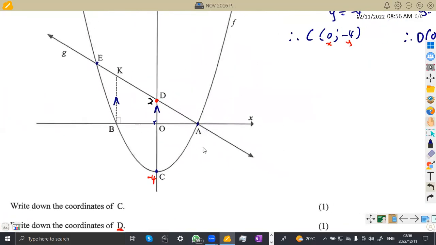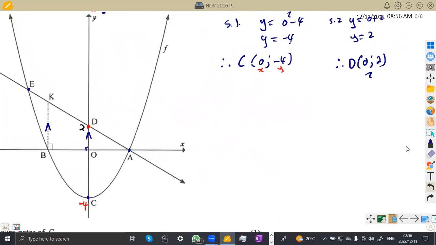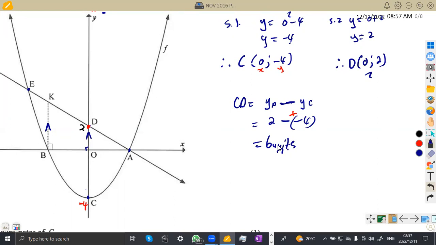So all you need is to just subtract, or you can use the distance formula, but here we can simplify CD by subtracting the y values, which is the y value at D minus, if you are going down, the y value at C. So that's the y value at D, which is 2, minus the y value at C, which is negative 4. So this is going to be 2 plus 4, which is 6. So that's 6 units. So that is the length CD.